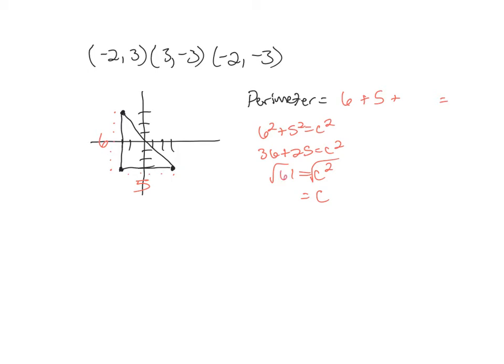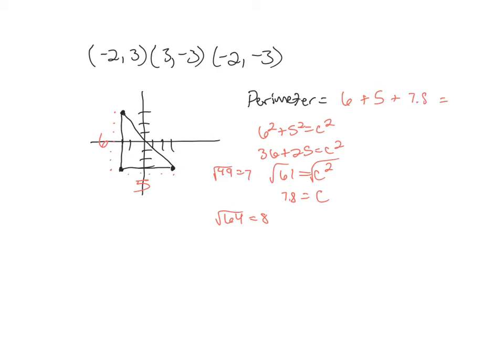61. So I would still do the same thing, like 64 is square root of 8, and 49 is 7. So it's almost to 64, so probably 7.8, maybe 7.9.